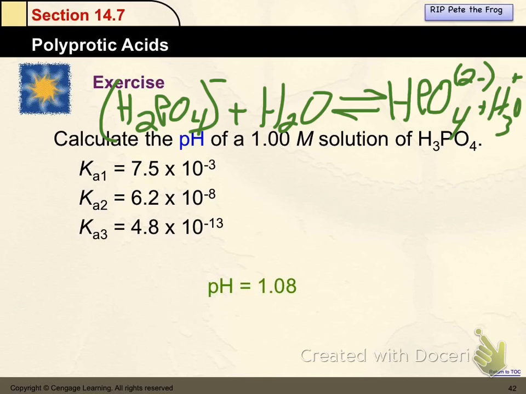And what we'd like to do is figure out how much that second dissociation adds to the hydrogen ion concentration. Because if it adds a lot to the hydrogen ion concentration, then of course it's going to affect the pH. So, from the previous problem, when you solved for x, x equaled the H plus concentration, or the H3O plus concentration.